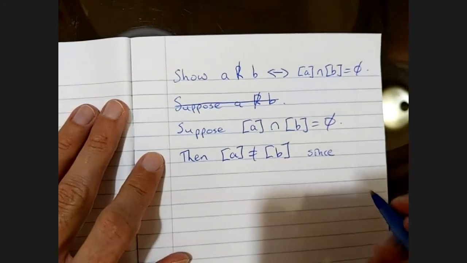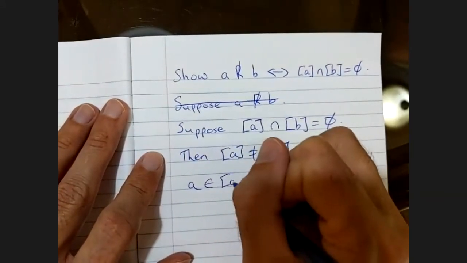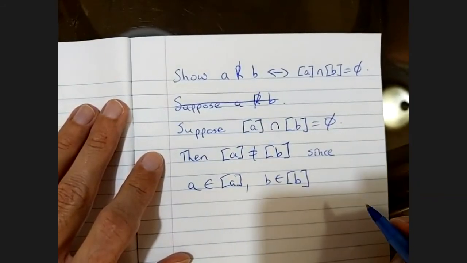Okay, they're actually different since A is in the equivalence class of A and B is in the equivalence class of B. Actually, we only need this.